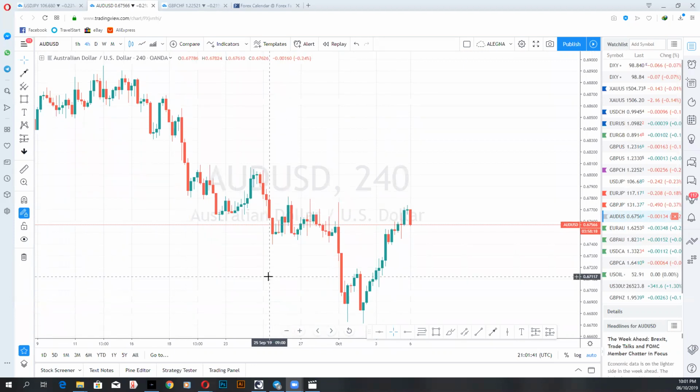Looking at the AUD/USD, it moved away from a zone we highlighted earlier last week. It needs to just come up a bit.